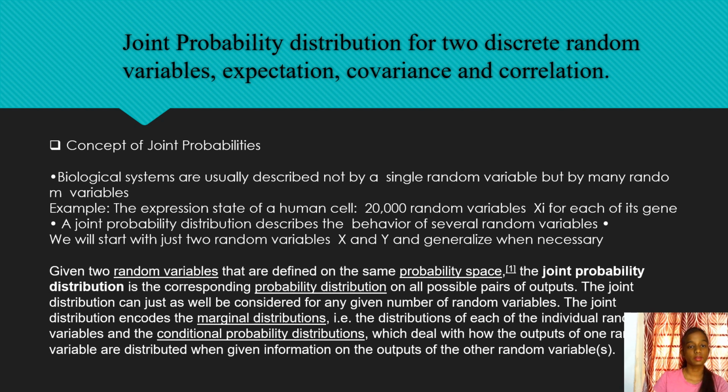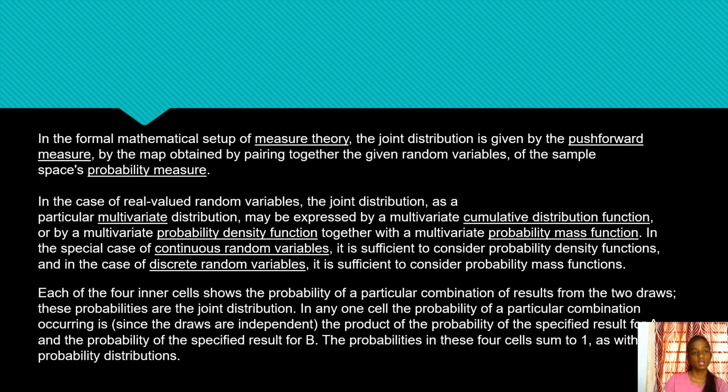So this is the concept of joint probabilities, and in the formal mathematical setup of measure theory, the joint distribution is given as a push forward measure by a map obtained by pairing together the given random variables of sample spaces on which probability is measured.